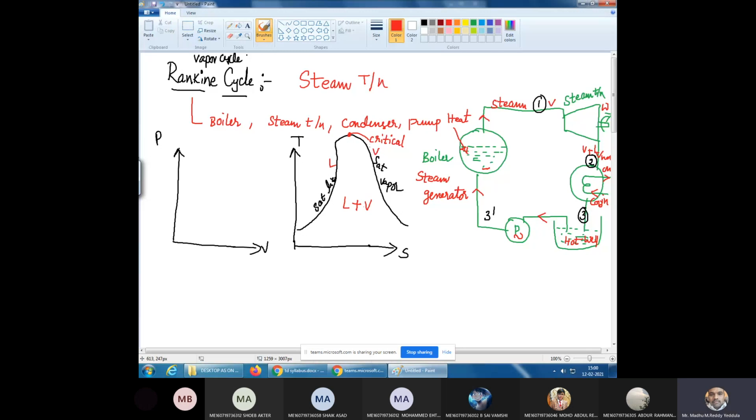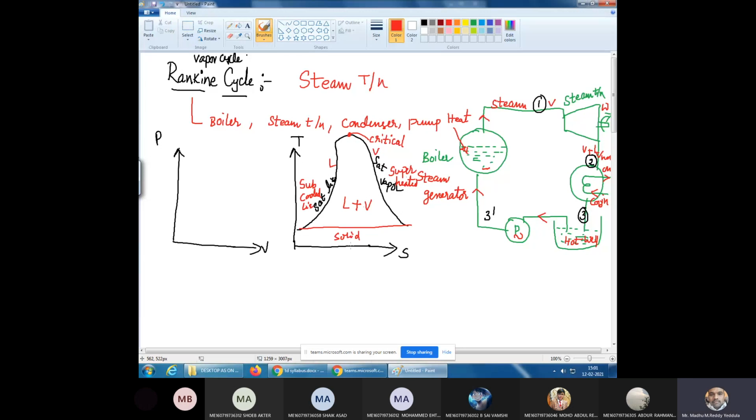This is single phase liquid, this is also single phase, but in between I have liquid plus vapor, a two-phase mixture. If you move to the right side, it will be superheated. If you move to the left side, this will be subcooled liquid.